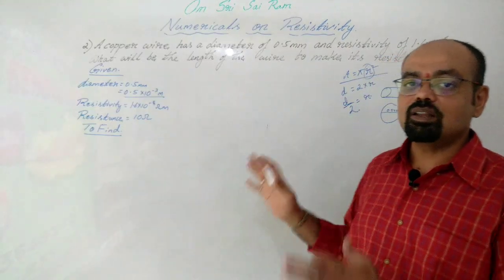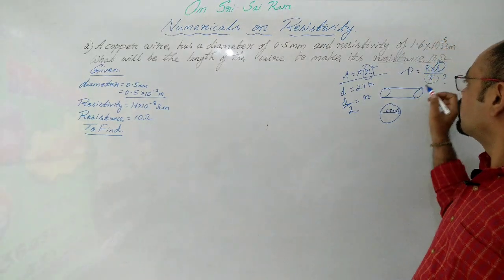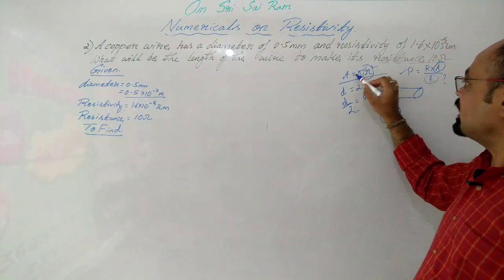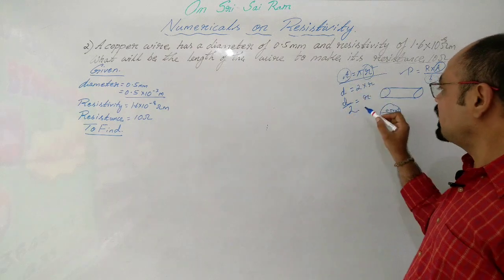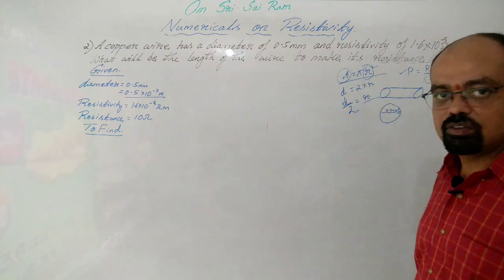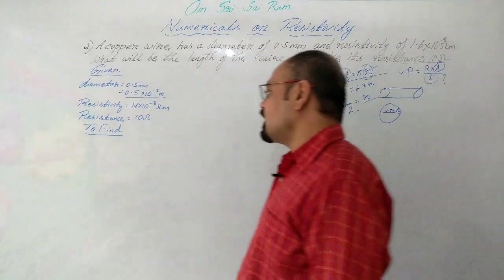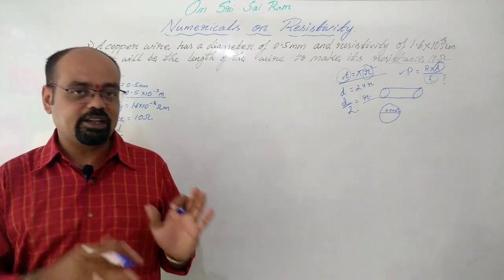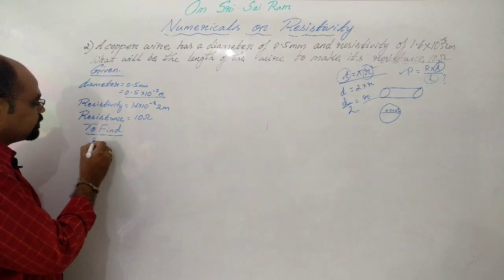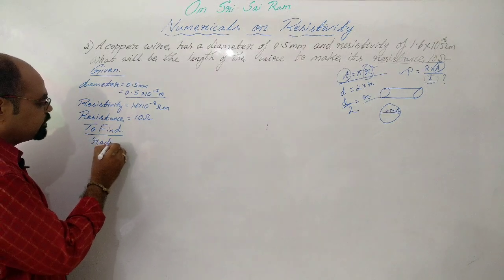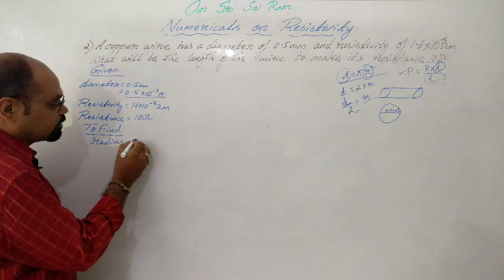So what are the things to be found now? First, we need to find the area of the circle, the area of cross section. For that we need to find the radius. Diameter is given. So let's write here, first we need to find radius. Radius is equal to question mark.